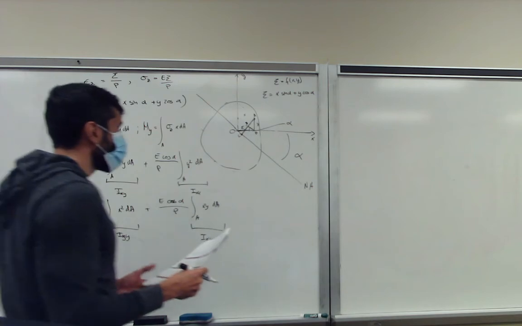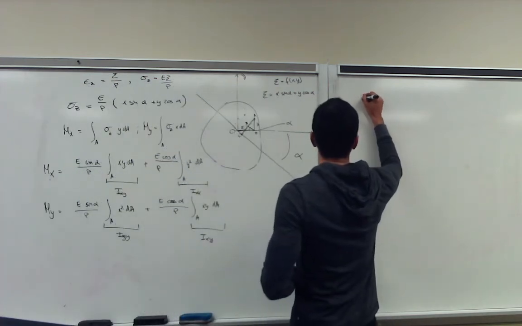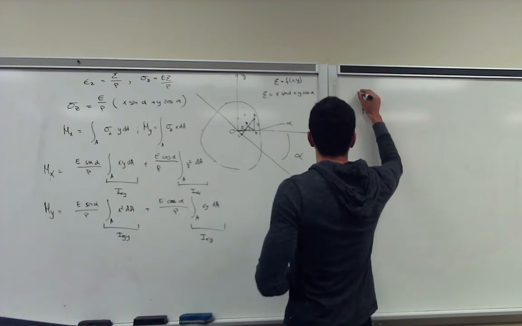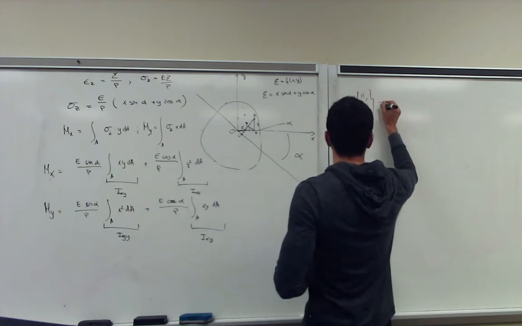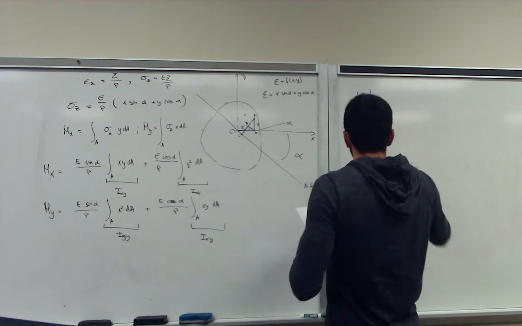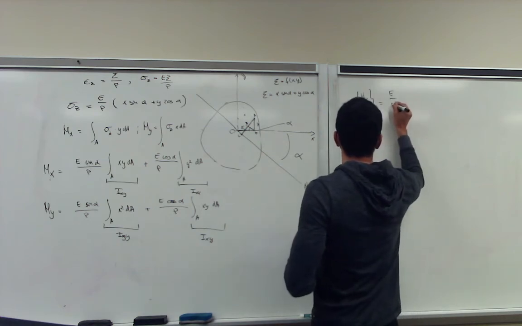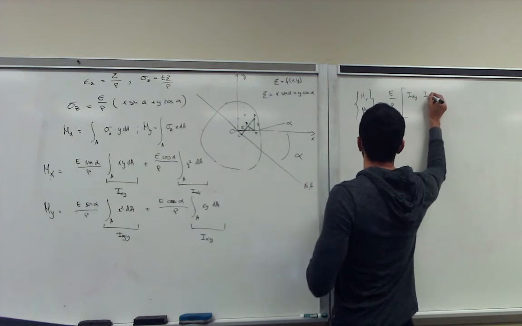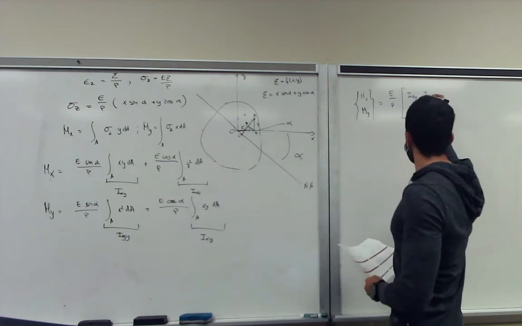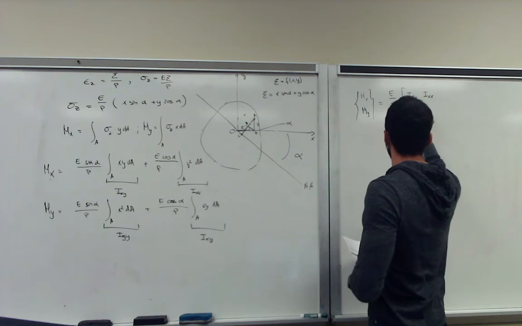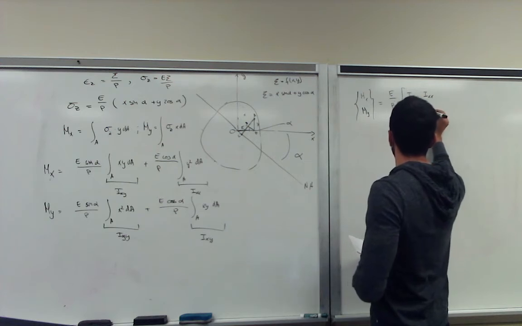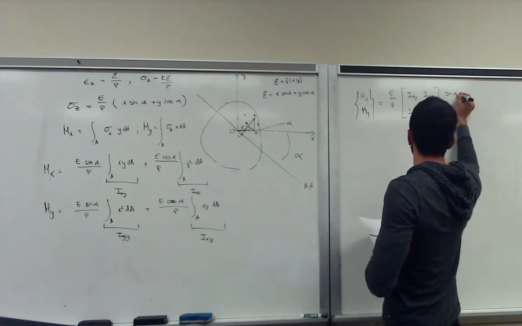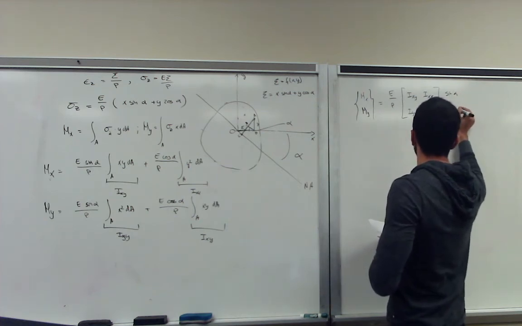So we can rewrite it in a bit simpler, more compact fashion. Let's use a matrix notation. So we get E over rho, Ixx, Ixy, Iyy, Ixy, and then we get sine alpha, cosine alpha.